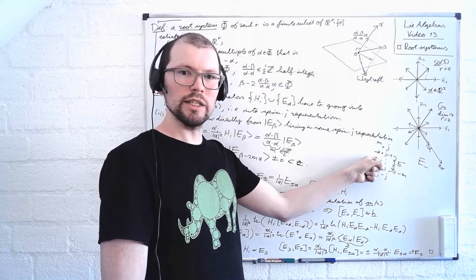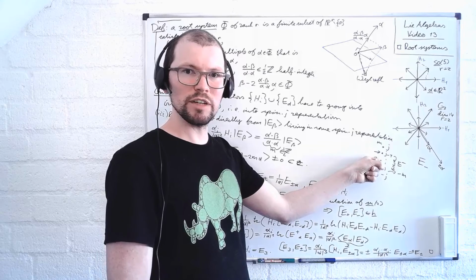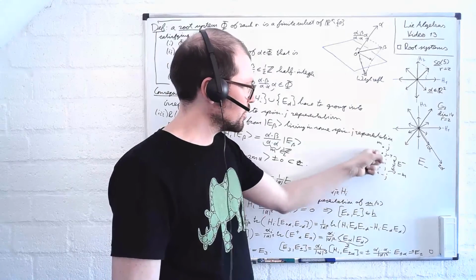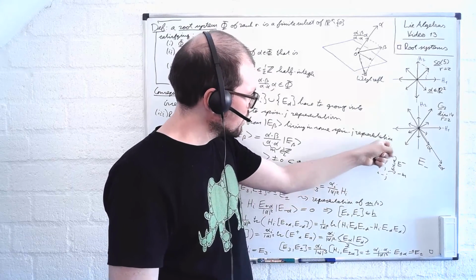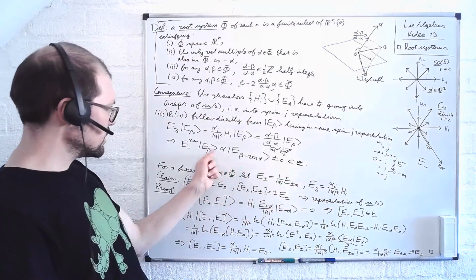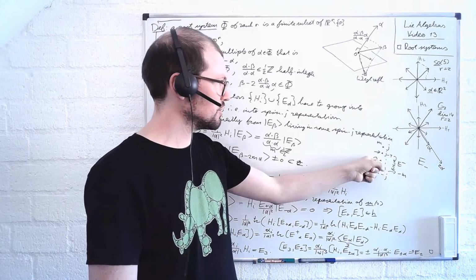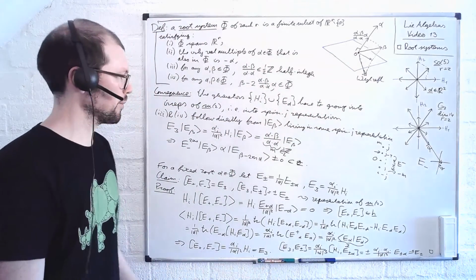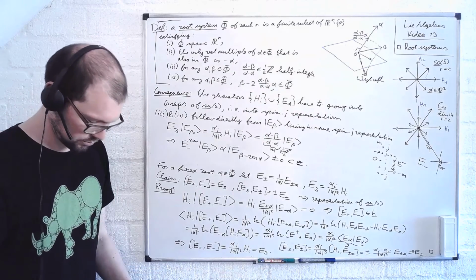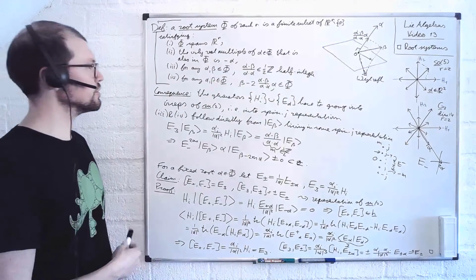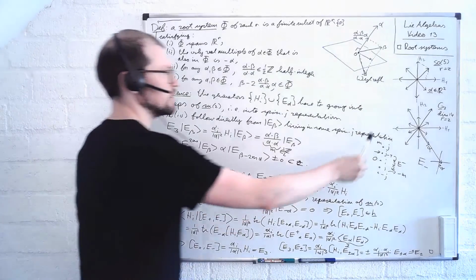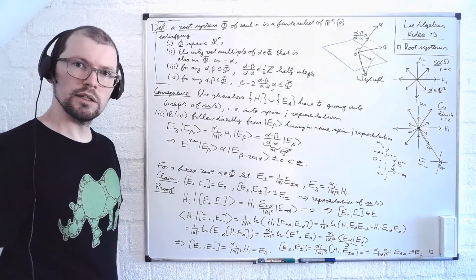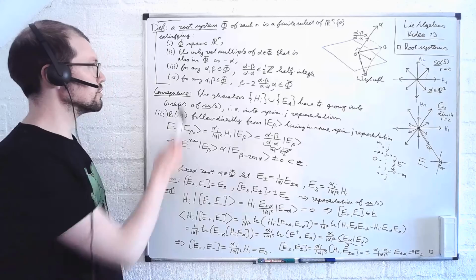Because if applying E minus to a vector would make it vanish, then it would be a lowest weight, but the lowest weight is minus j. So for any vector with eigenvalue m, you can lower it at least to minus m, as we did here. So it cannot vanish at 0, and this is not a possibility. Okay, so that essentially finishes the proof that the roots of a Lie algebra really satisfy these stringent conditions. And in the next video, we will draw some conclusions from these conditions.